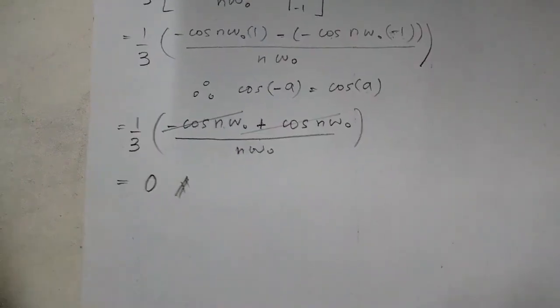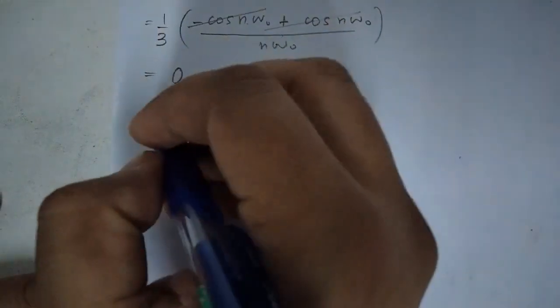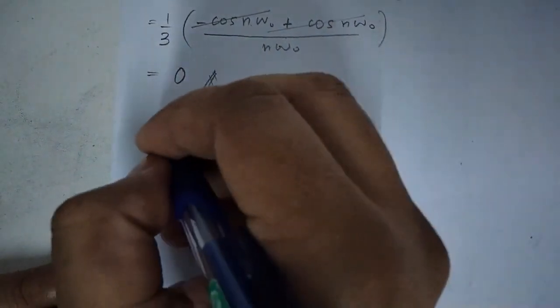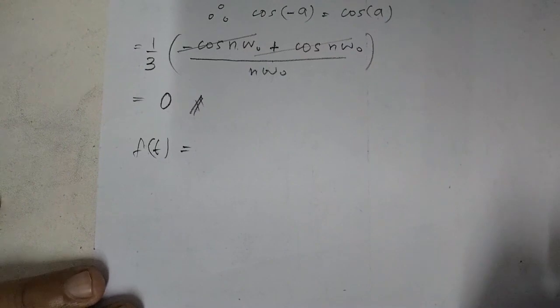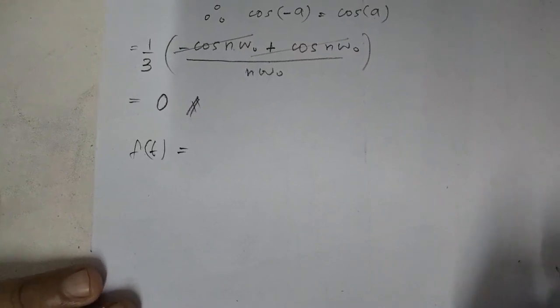Okay, so now we can finish the Fourier series representation of the waveform.